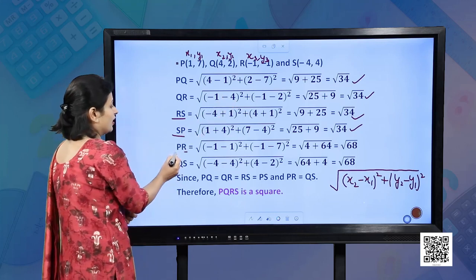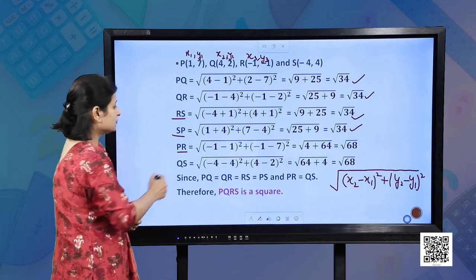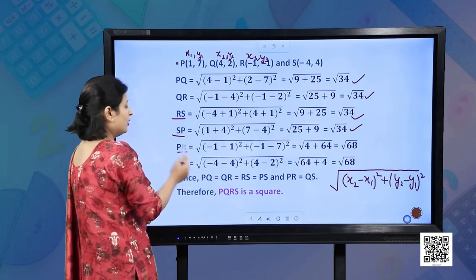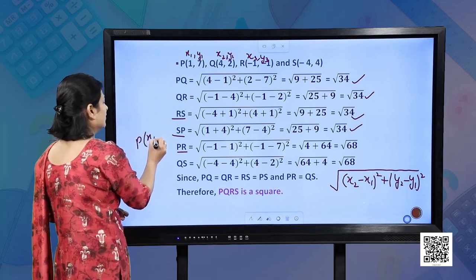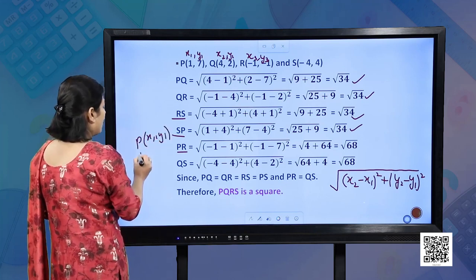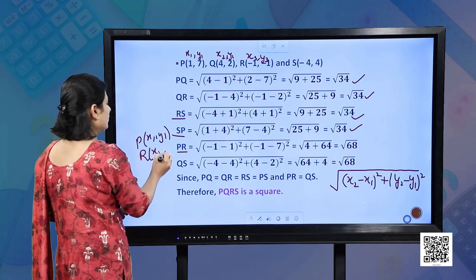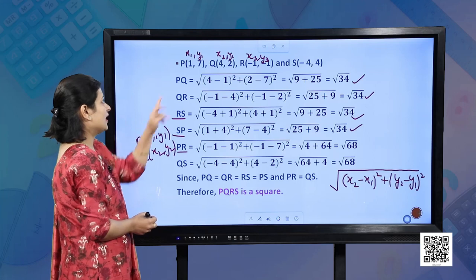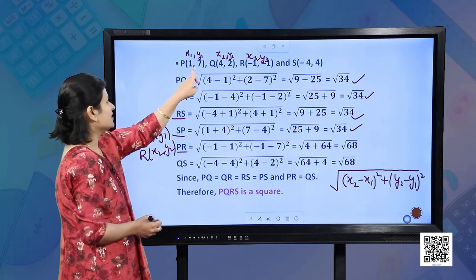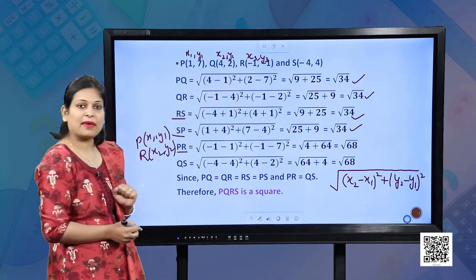Now for the diagonal PR, we need to consider point P as x1, y1 and R as x2, y2. Again consider x1 as 1, y1 as 7 and R is minus 1, minus 1.